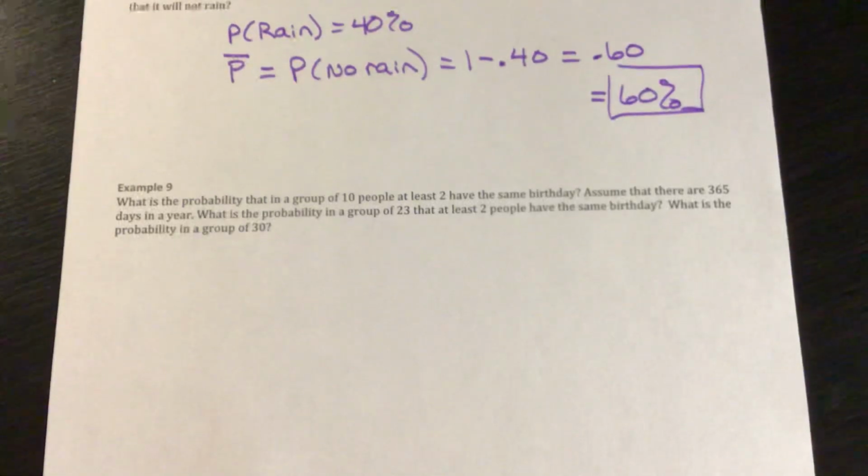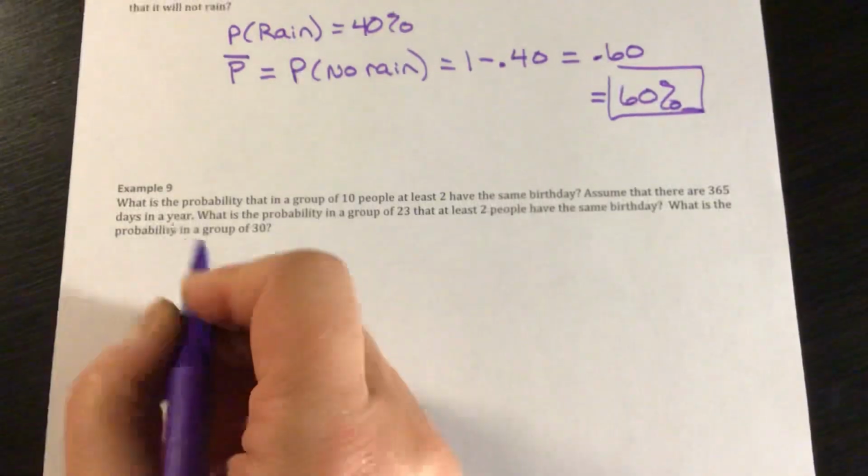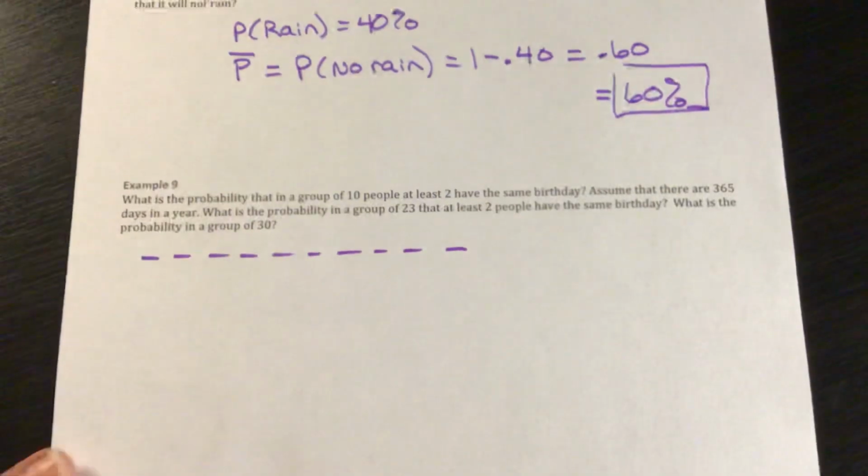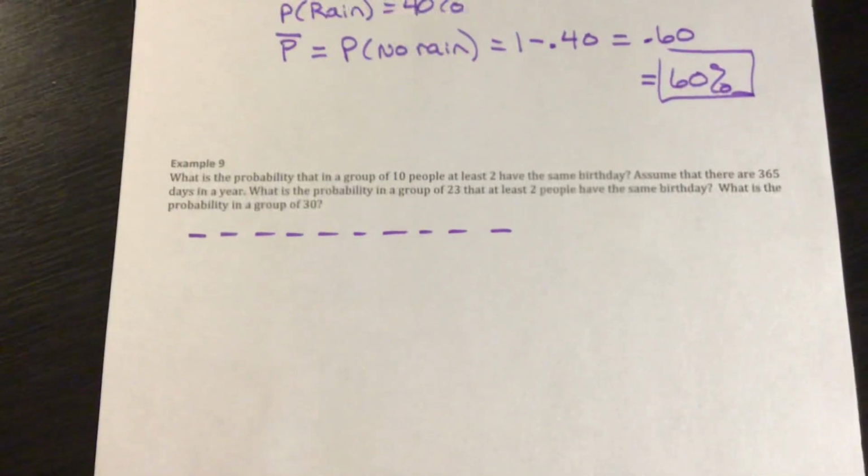Now, if I'm thinking about 10 people, and each of them having a different birthday, we're going to go about this as: let's find out the probability that they're all different, and then do the complement of that and look for the probability that 2 people would have the same birthday.